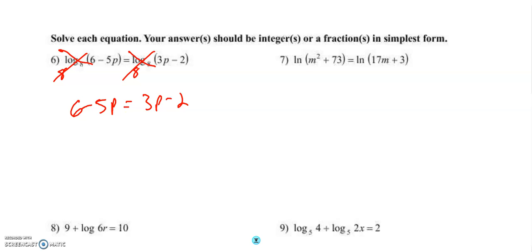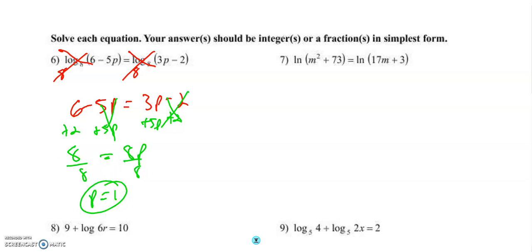So bring the p's to one side, bring the numbers to the other side. So I'm going to bring the 2 over here, so we have 8. Now I'm going to bring the 5p over here, so that makes 8p divided by 8, and p is equal to 1.